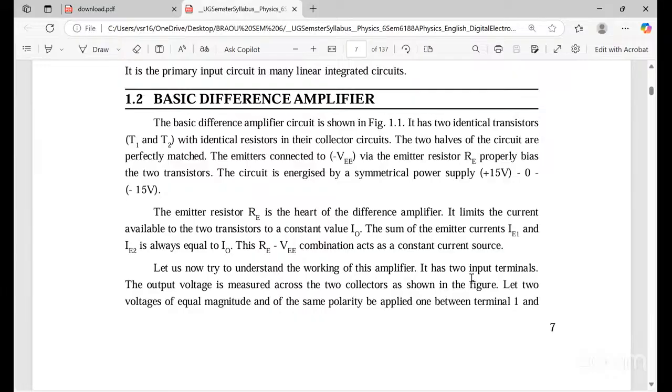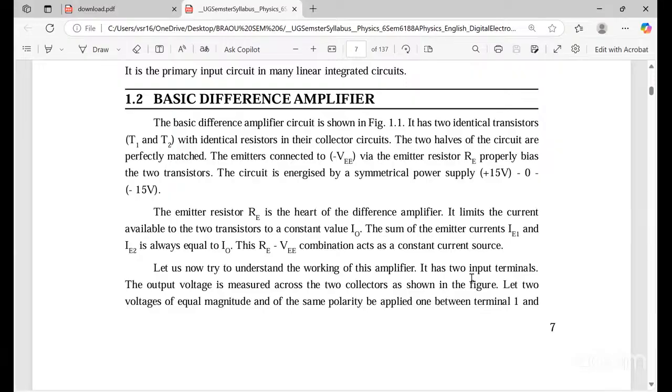In the emitter section, the first transistor has an emitter current IE1 and the second transistor has an emitter current IE2.